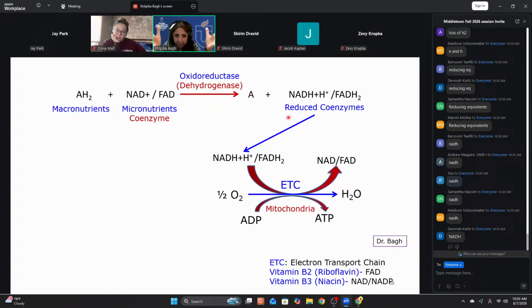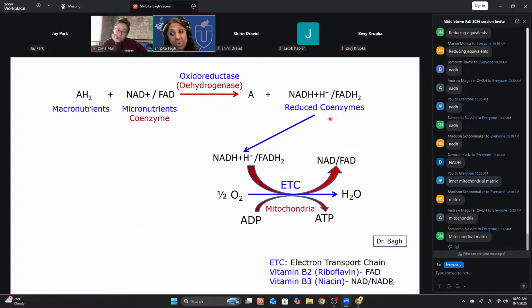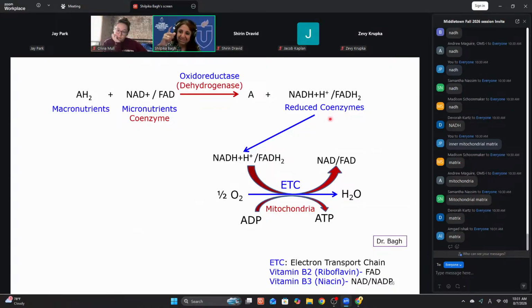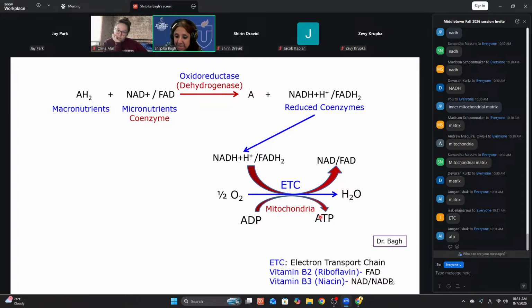Most of your reduced coenzymes after oxidation, NADH and FADH2, are present in the mitochondrial matrix. What's present in the inner mitochondrial membrane? The ETC, which can quickly convert these reducing equivalents into ATP. So know that oxidation is coupled with phosphorylation. This is known as oxidative phosphorylation.